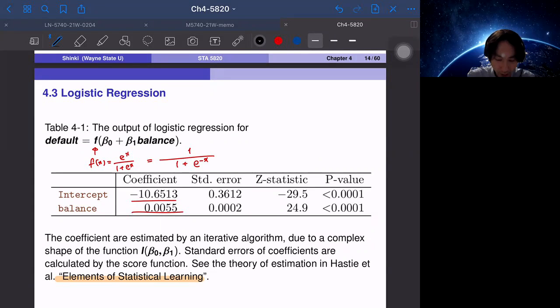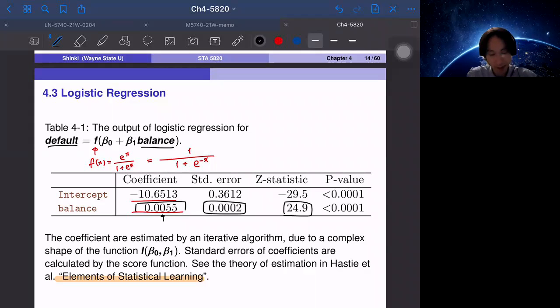Yeah, so here is the result. So we regress the default probability on balance. Then you can see the higher balance significantly means the higher default probability. When the balance gets 0.0055 larger, the log of odds ratio of default gets 0.0055 higher.